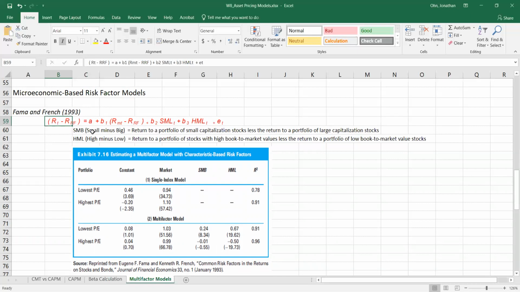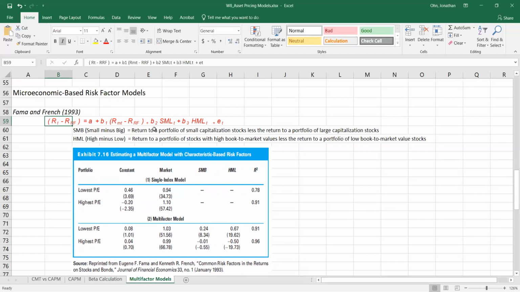SMB is small minus big. This is a size variable, talking about the size of the stock in terms of market value.